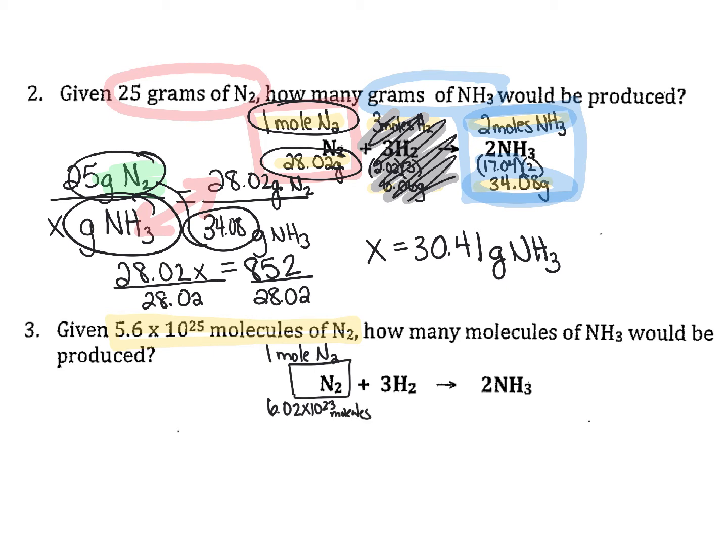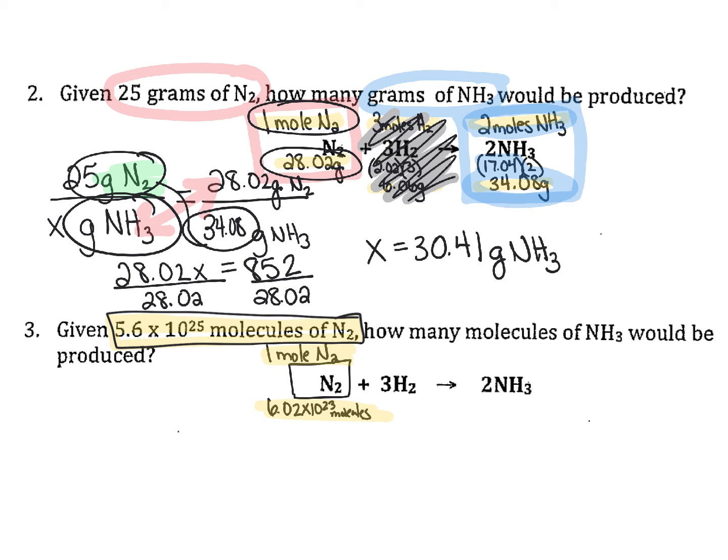I'm writing that down because that's the piece of information I'm given about what I'm starting with. I'm starting with molecules. So I'm going to need to know how many molecules I need according to the balanced equation. So since the balanced equation says 1 mole, that means according to the balanced equation, I need 6.02 times 10 to the 23rd molecules of that material.